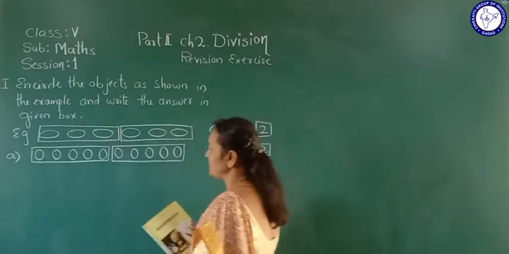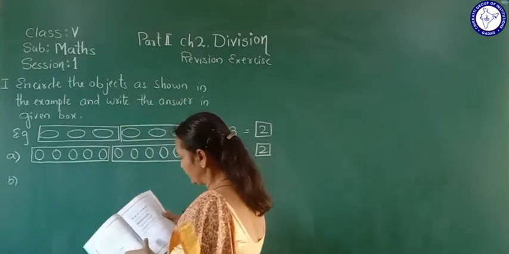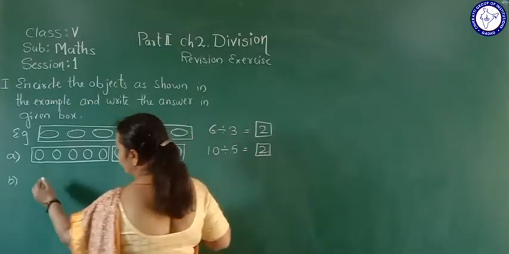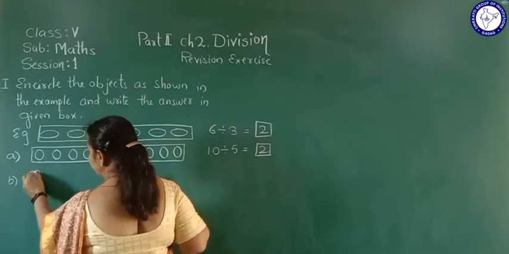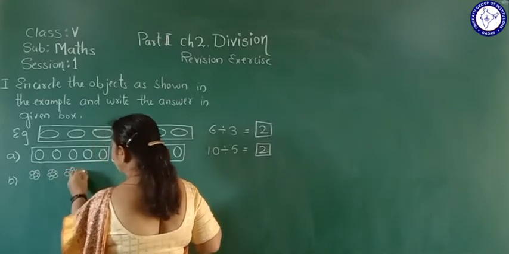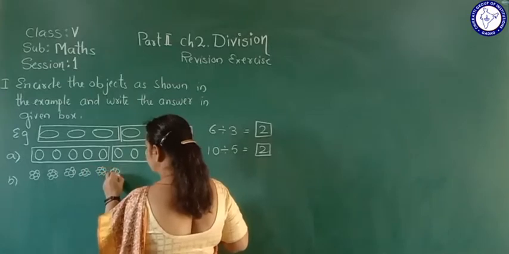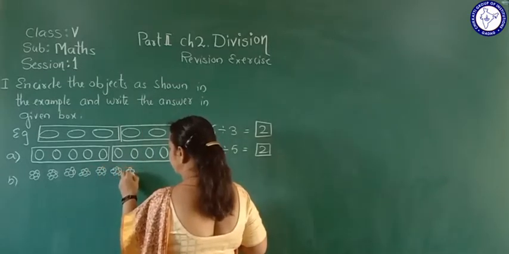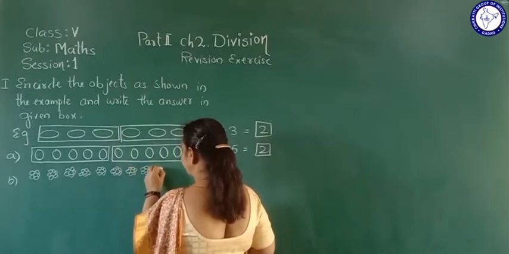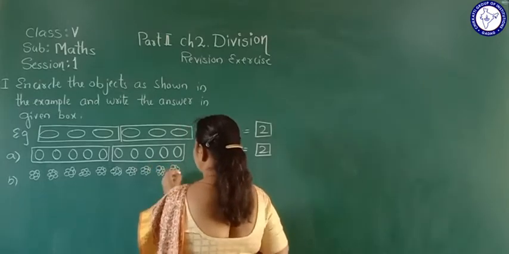Then B, second question. Here some flowers are given. How many flowers are there? 20 flowers. So here 20 flowers are given. 1, 2, 3, 4, 5, 6, 7, 8, 9, 10.